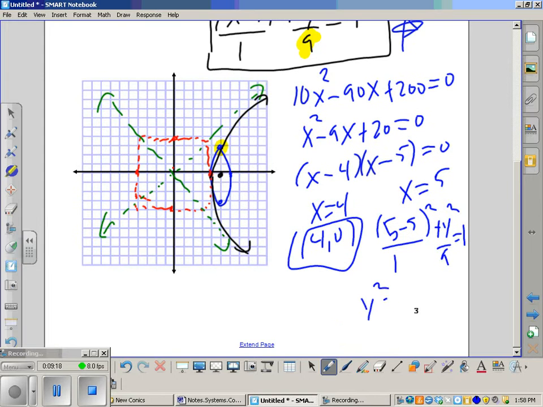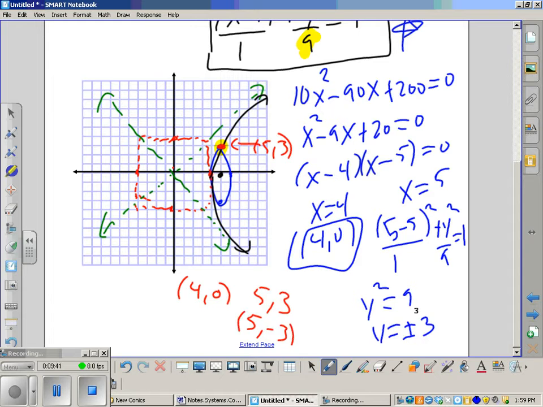So y squared is 9. y is plus or minus 3. And that seems to work because there's 3 points actually. So we have 4 comma 0. We have 5 comma 3, which, guys, is right here, right? And then we have 5 comma negative 3. Done. And that's it.